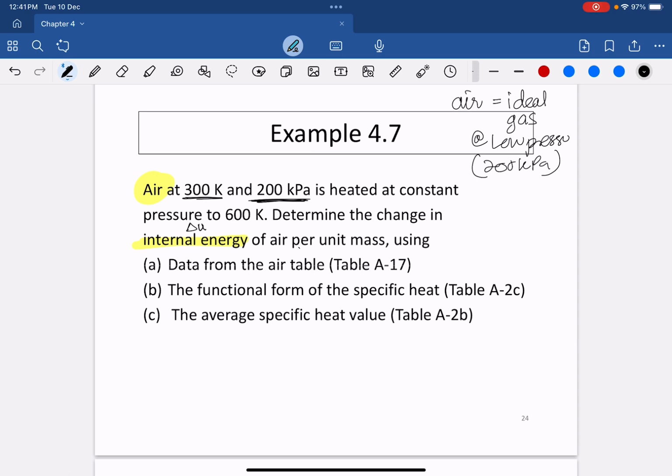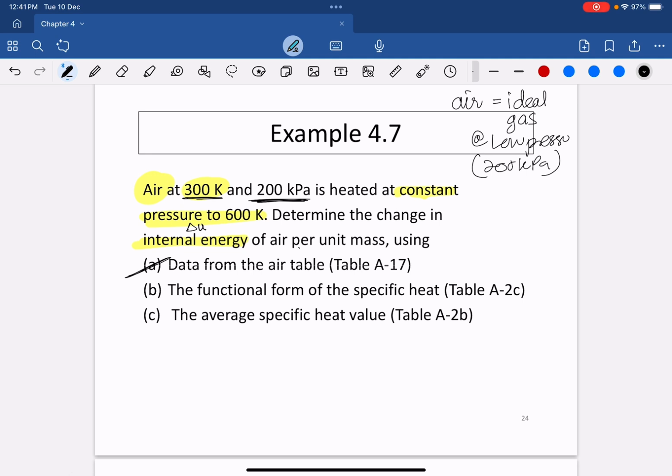We can use data from table A17. For example, the system is at constant pressure, and the temperature changes from 300 to 600 Kelvin. So we use table A17 directly.